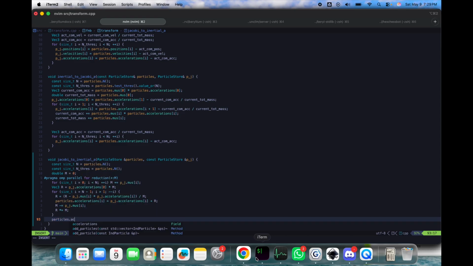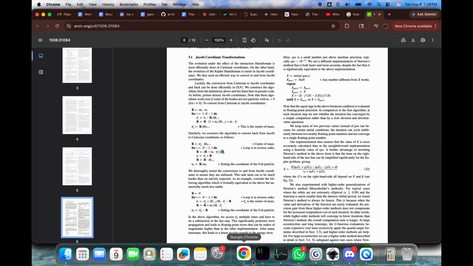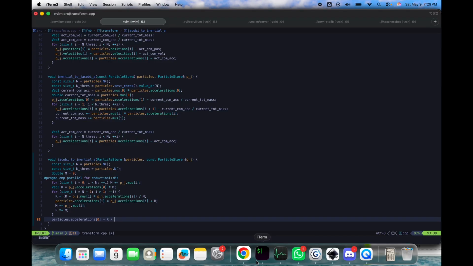Particles dot equals R divided by PJ's mu's index 0. Okay.